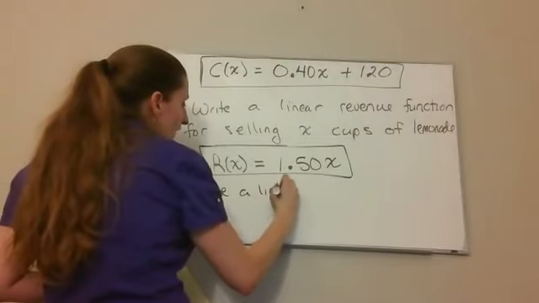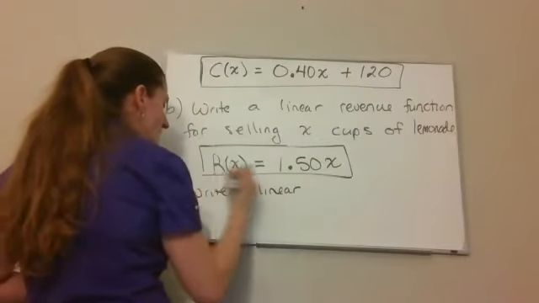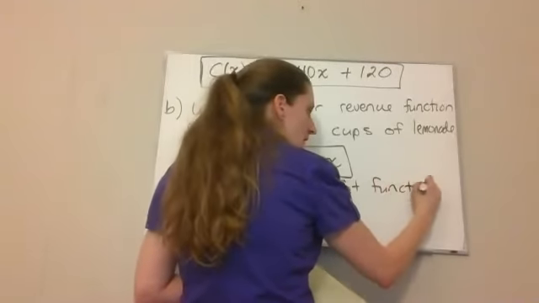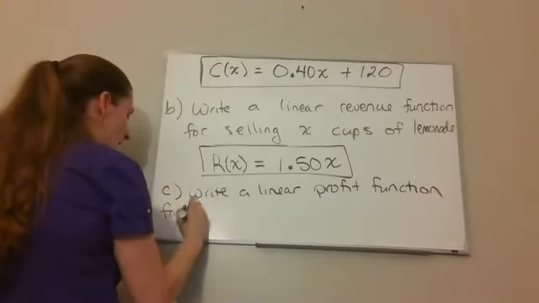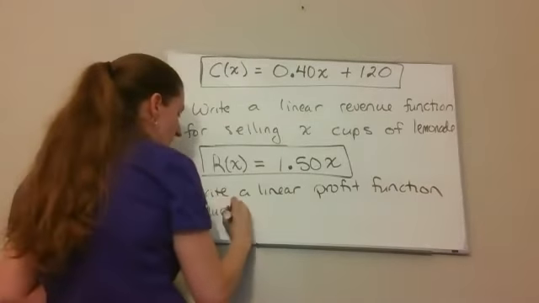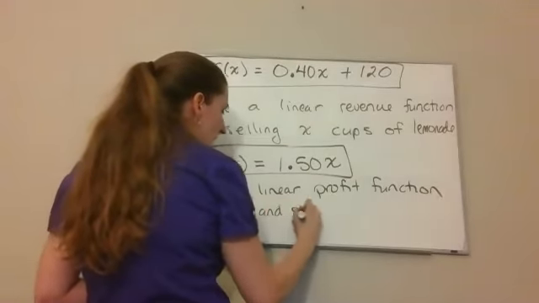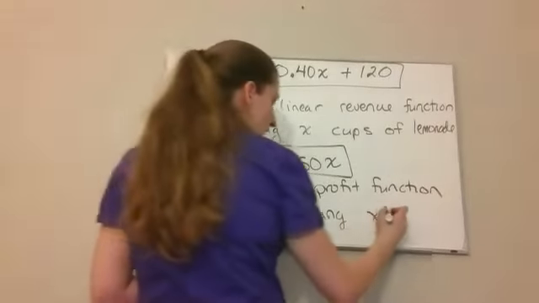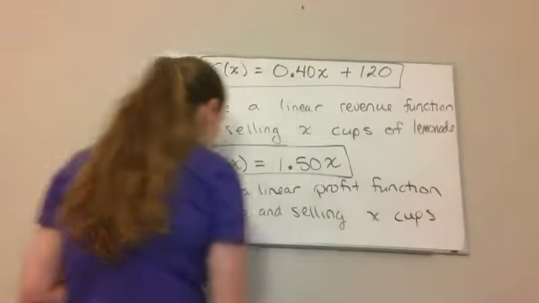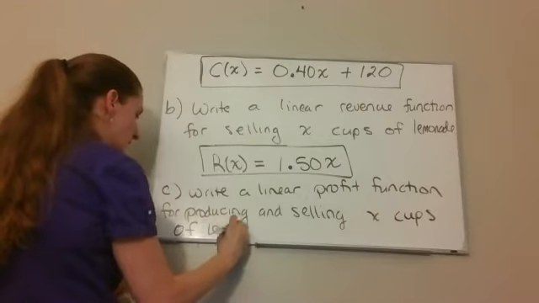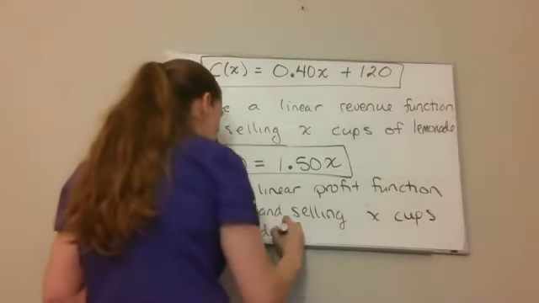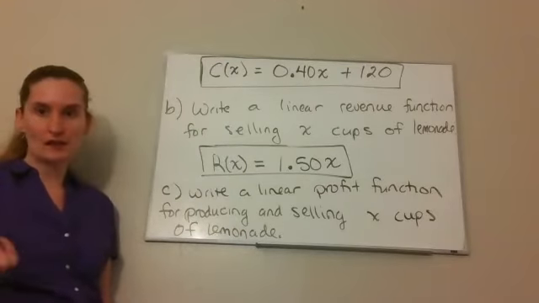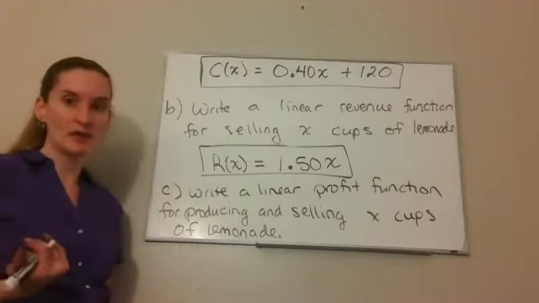So write a linear profit function for producing and selling X cups of lemonade. So remember, your profit is your revenue minus your cost. So this is how much money we actually get out of the deal.